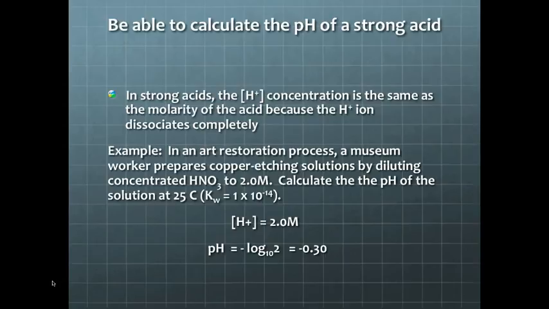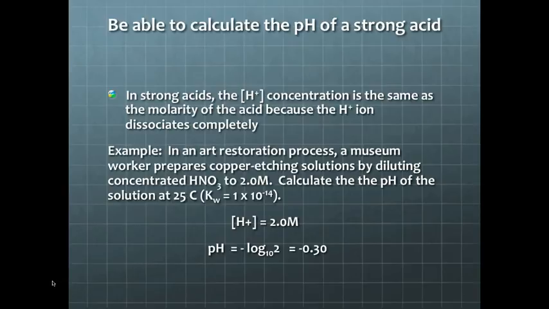Therefore, the hydrogen ion concentration and the concentration of the strong acid are the same. For an example, in an art restoration process, a museum worker prepares copper etching solutions by diluting concentrated nitric acid to 2 molar.